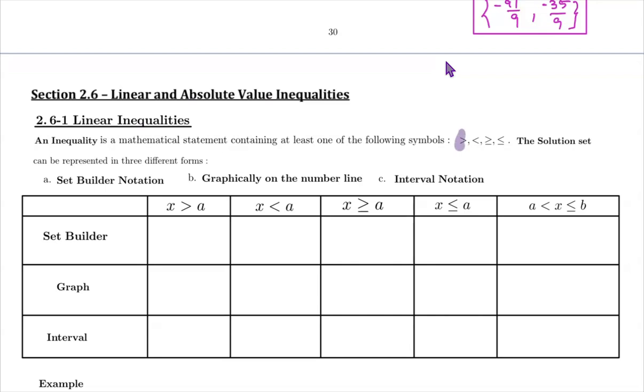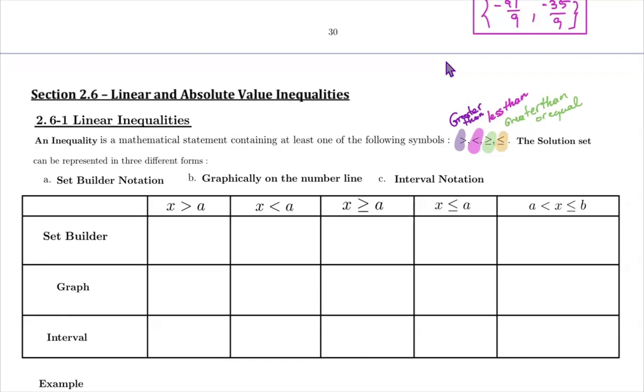This is the less than, that's greater than, over here we have the sign less than, and then when you have the bar, you have greater than or equal, and then less than or equal when you have the bar with the less than sign.